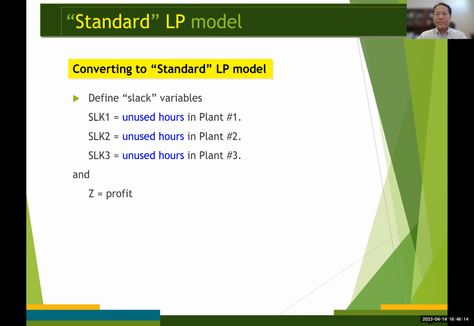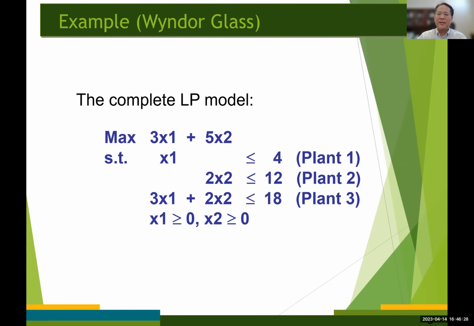Okay, but just because the first constraint appears in the second row of our LP model right here, the first row is the objective function, right?